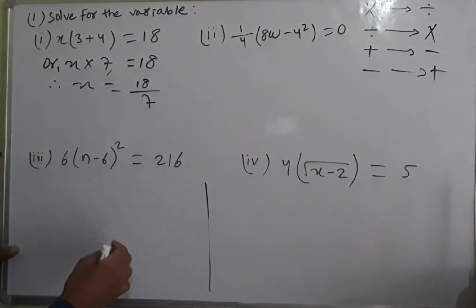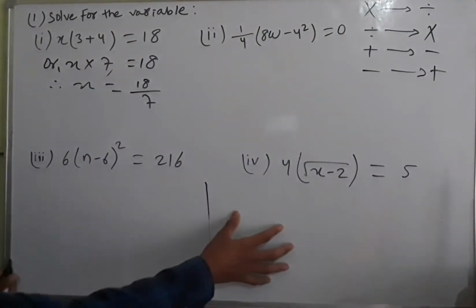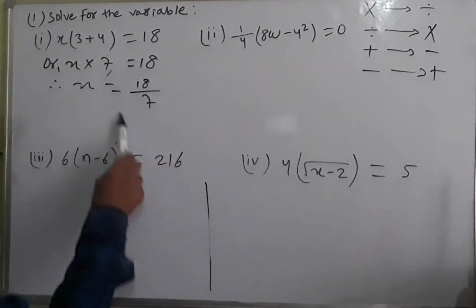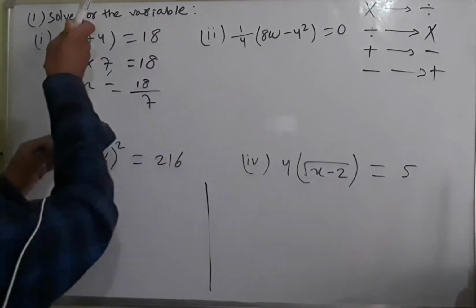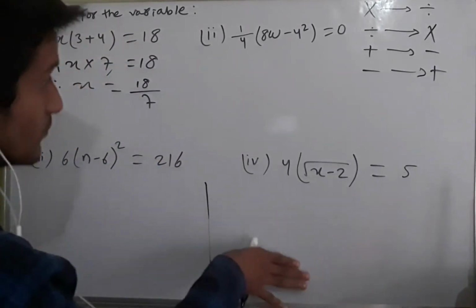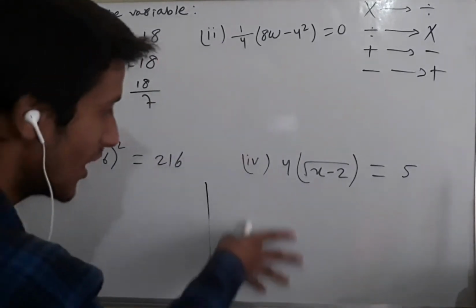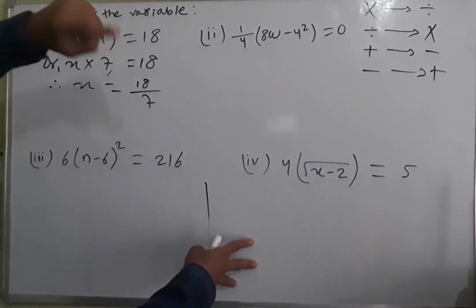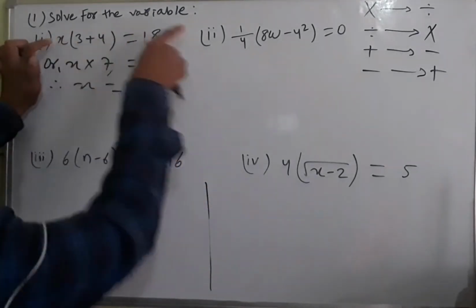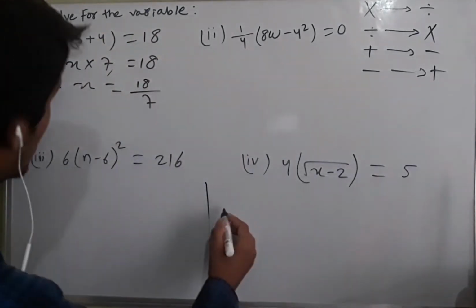So what I wanted to show here is that now that we have got the value of x, if you plug this into this equation, we can get this to be true. I'll check it out on the bottom so that you can understand it.